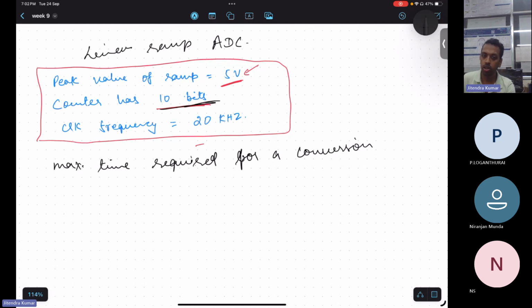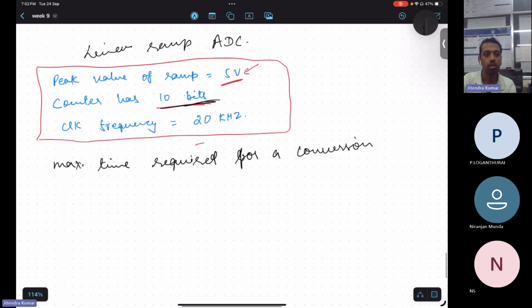So the total time required to measure the maximum voltage will be how much time? 10 bits. So how much time?